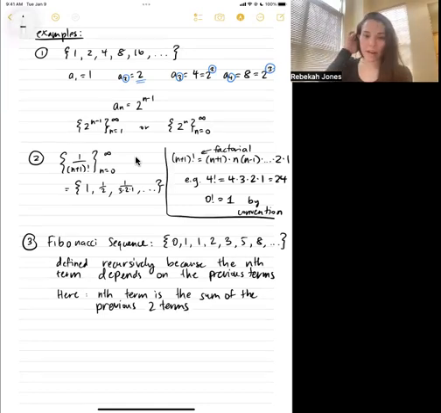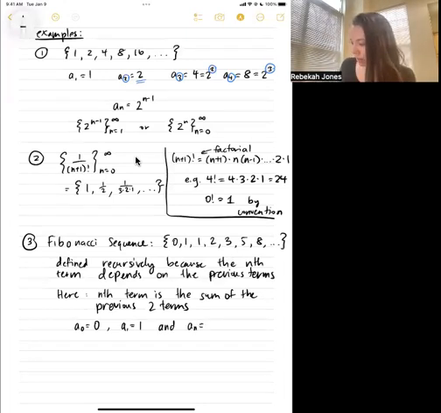So if we wanted to write down the recursive definition of this sequence, we would define the first two terms. I'm going to call the first one A0 and the second one A1, right? So we had to start out with those two terms, and then we can say that the rest of them will be given by this formula.